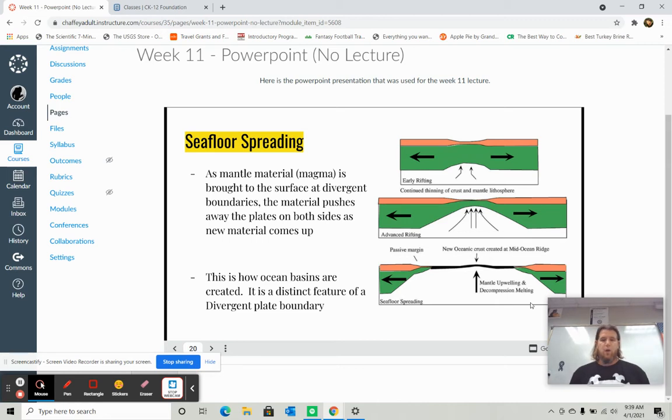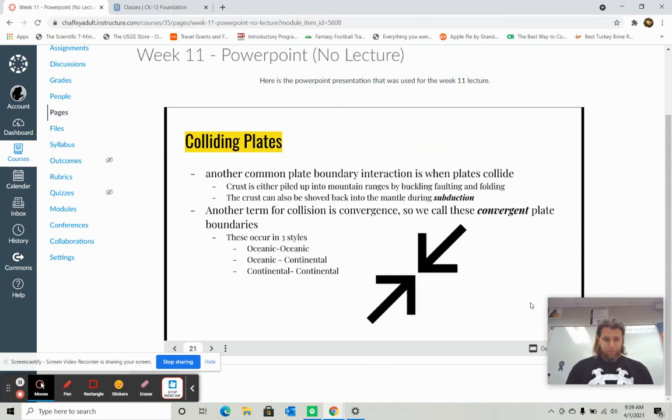This is also called the mid-ocean ridge, because there's a seam around the entire planet, which they talk about in CK12, of these seafloor spreading sites. So this is how ocean basins are created, and it's a distinct feature of divergent plate boundaries. It's one of those telltale signs, like a signature of a divergent plate boundary, when you have seafloor spreading and magma coming up and creating new material.